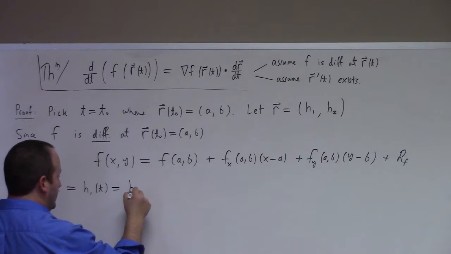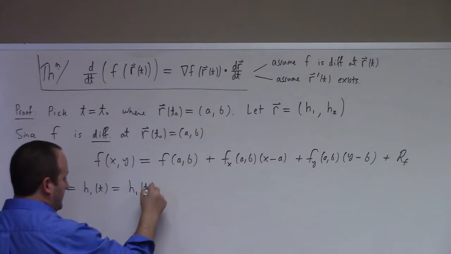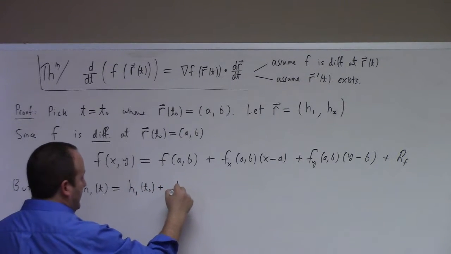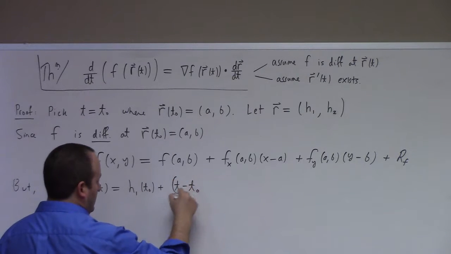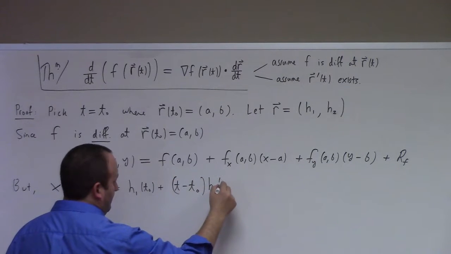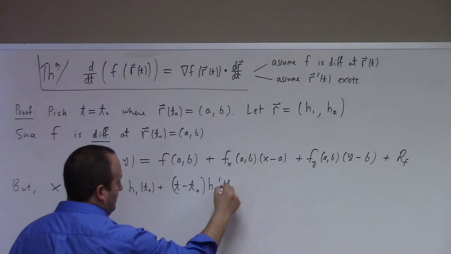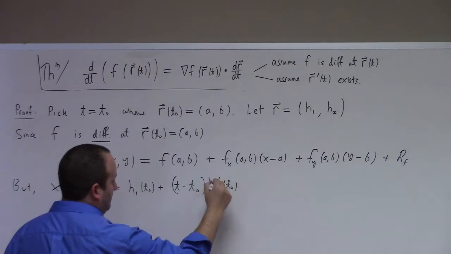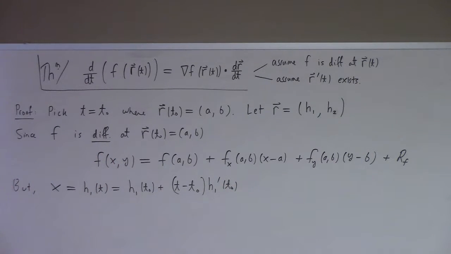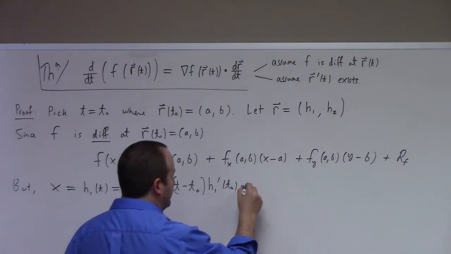I can say h1 of t is really h1 of t naught plus t minus t naught times h1 prime of t naught. What is that? That's the tangent line approximation for the first component function of the path, right? That's just the linearization of h1 about the point t naught. And then, of course, there's also some remainder term.